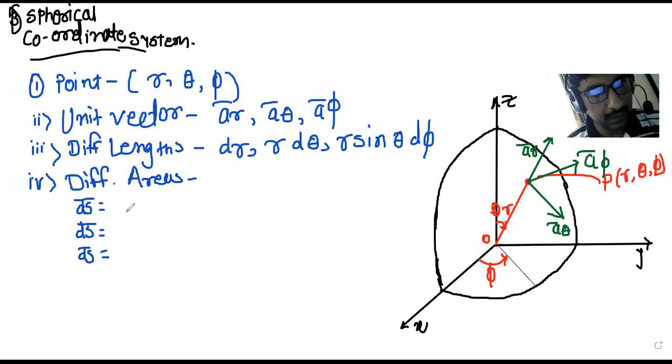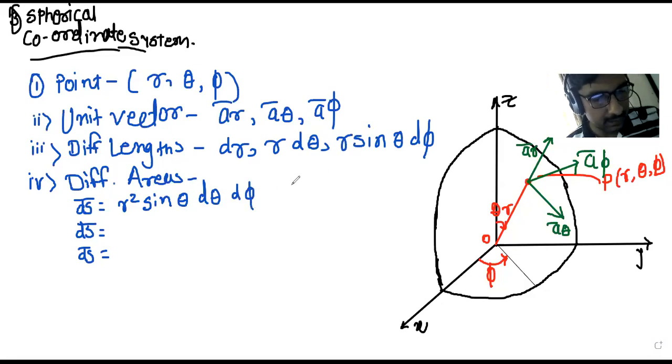So here it would be r into r, so r square sine theta d theta d phi. Now this direction is given by a bar r because we have kept r as a constant. So this is for the case when r is constant.